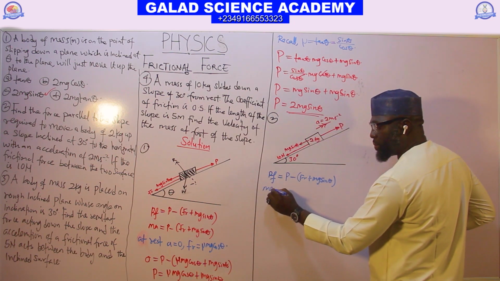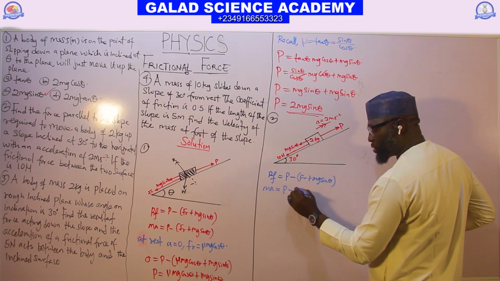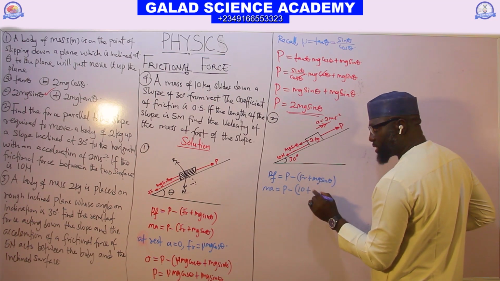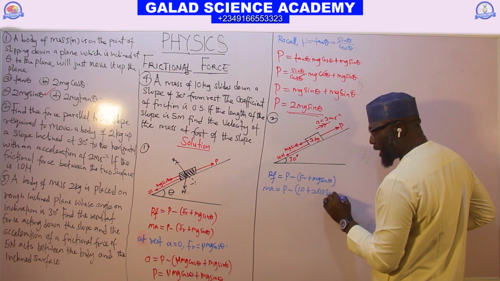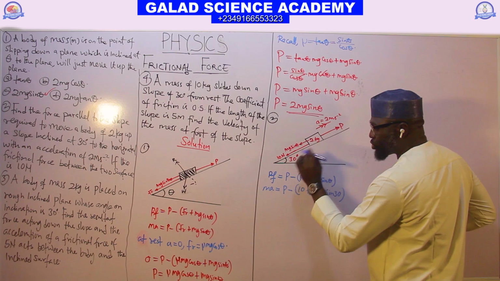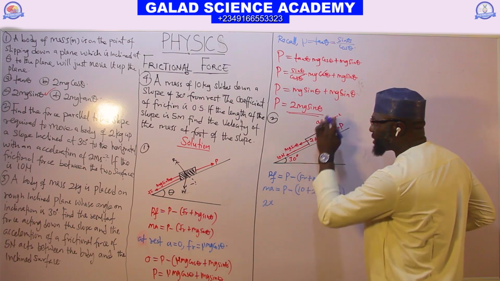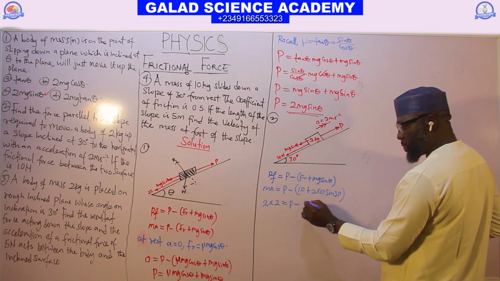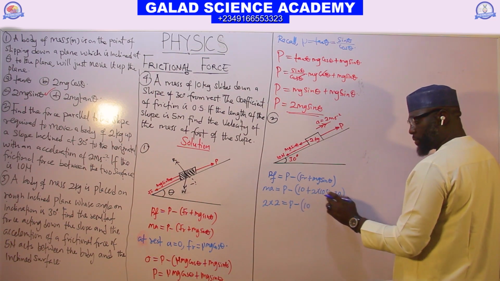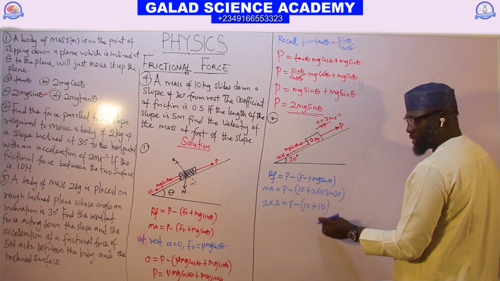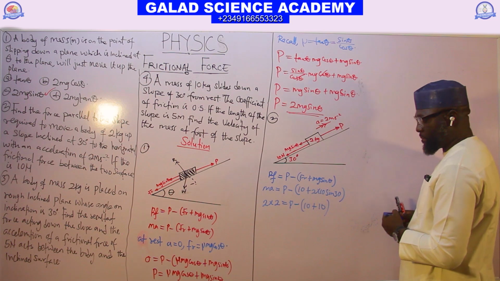So we have ma equal to the applied force minus the frictional force, which is 10, minus mg sin 30. The mass is 2, so it is 2 multiplied by acceleration, which is 2.